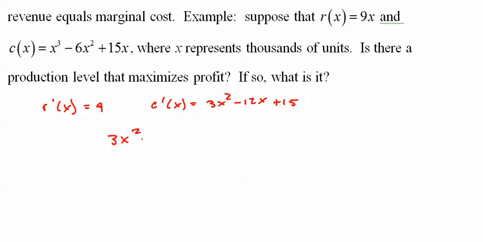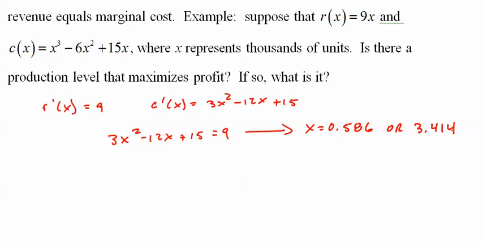Set them equal. Solve with a calculator, quadratic formula, and you get x equals 0.586 or 3.414. So I'm actually going to say this is the function I was messing with, and that's the derivative. Second derivative would be 6x minus 12.